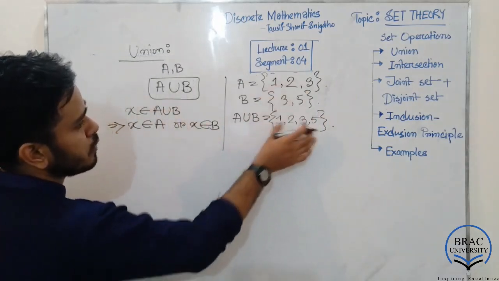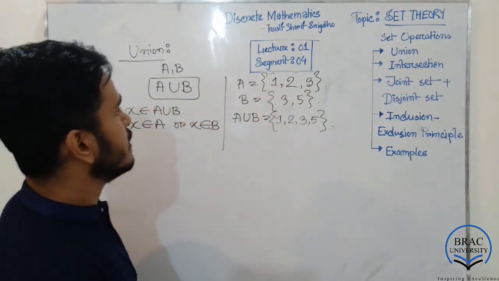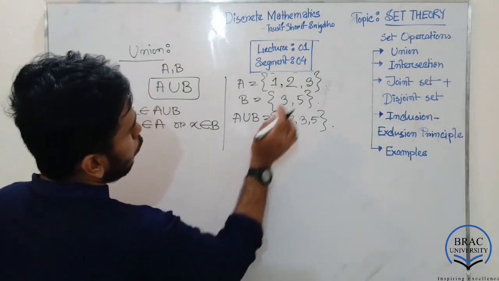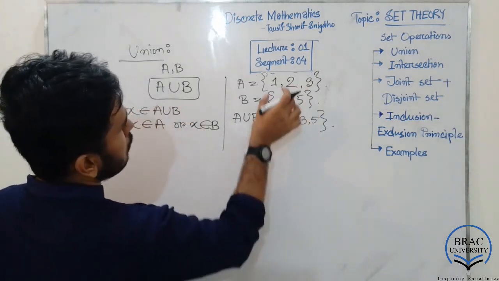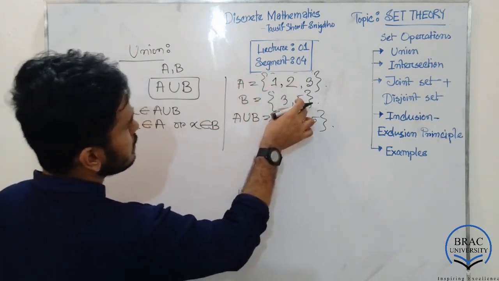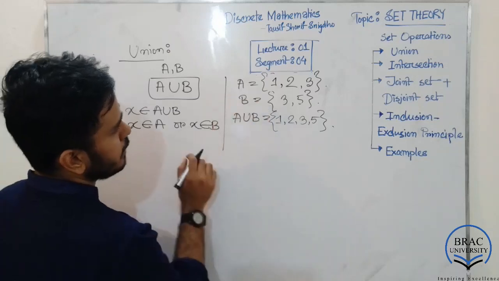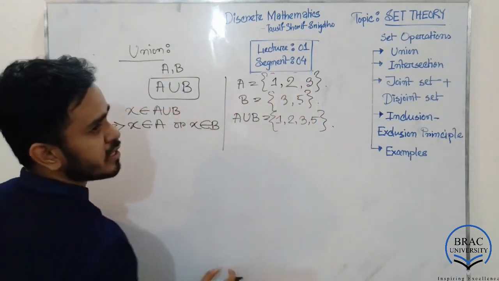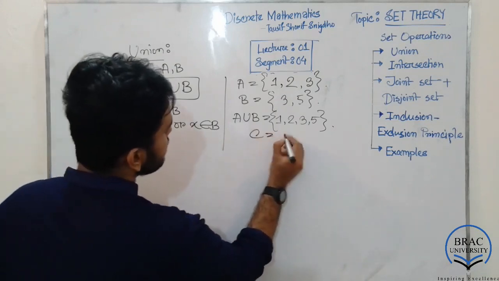So all of the elements will belong to A union B, right? Here we can see that 1, 2 are from set A, 5 belongs to set B, and 3 is from both, right? So this is how we determine A union B.